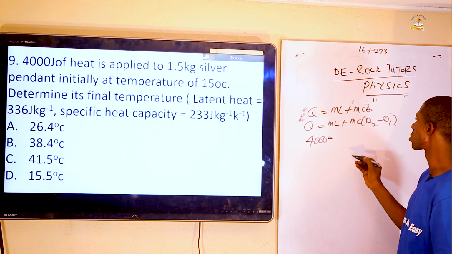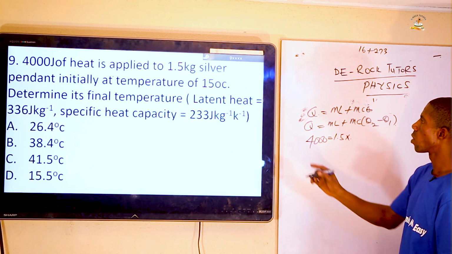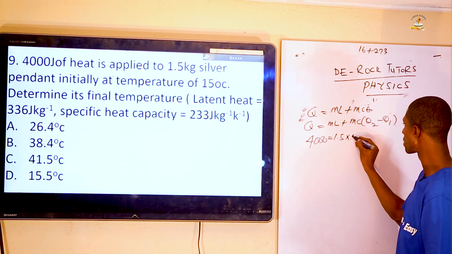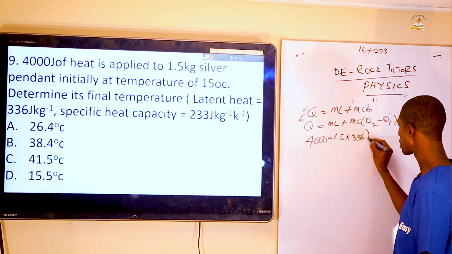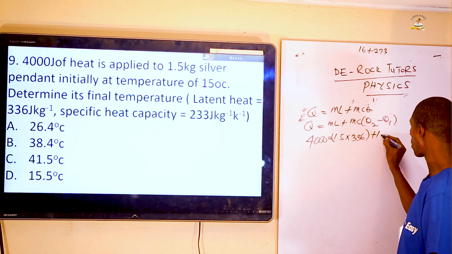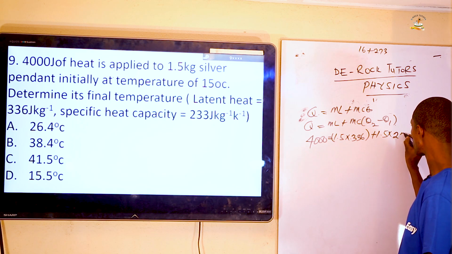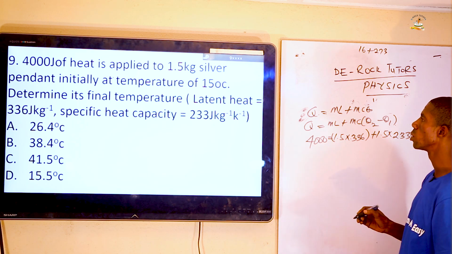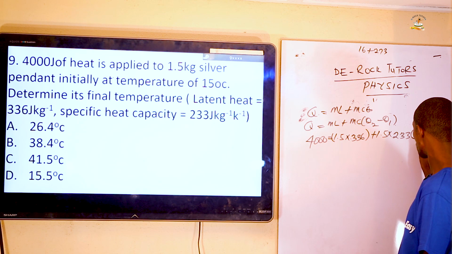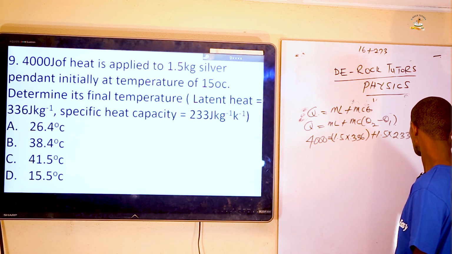The mass has not changed, 1.5 multiplied by the latent heat, 336. Then plus the mass, which is still 1.5, multiplied by the specific heat capacity, which is 233, into the final temperature, which is what we don't know, minus the initial, which is given as 15.